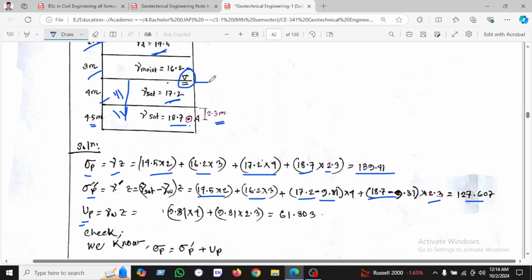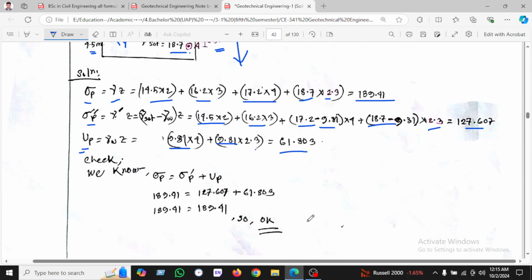And we will calculate pore water pressure. Pore water pressure is from this layer downward, which is 9.81 into 4 and 9.81 into 2.3, and found 61.606. Now we will verify this.